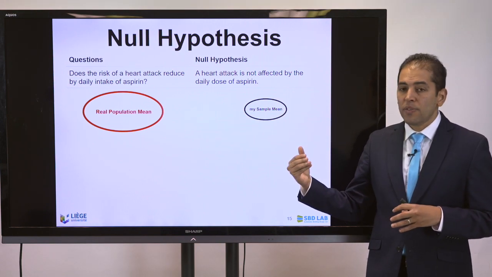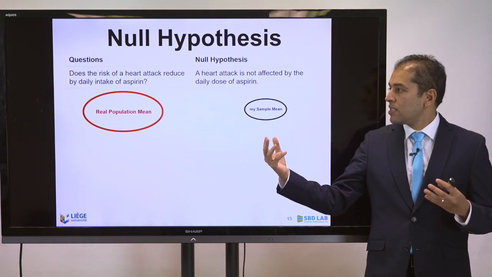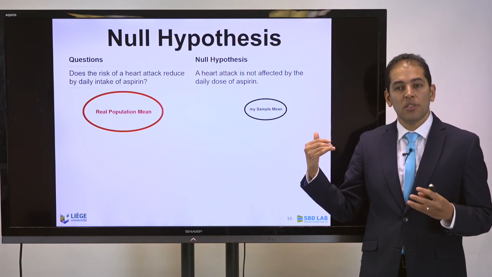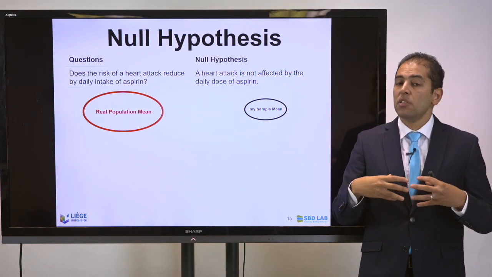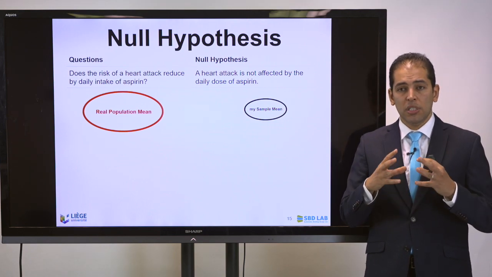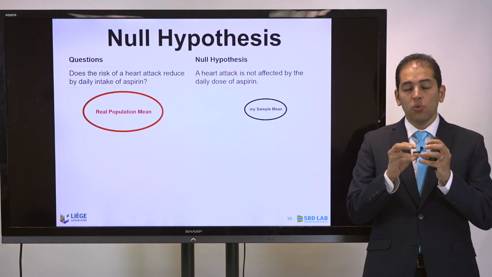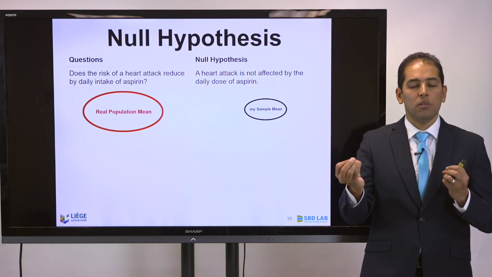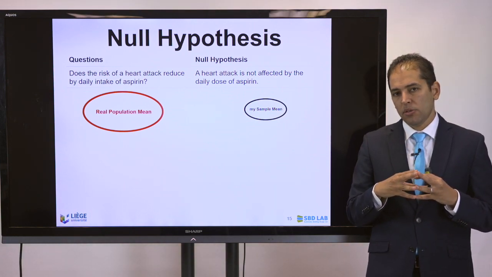Then I have an alternative hypothesis that says the intake of aspirin reduces heart attacks. Now I have succeeded in formulating two questions, one a null hypothesis and one an alternative hypothesis.